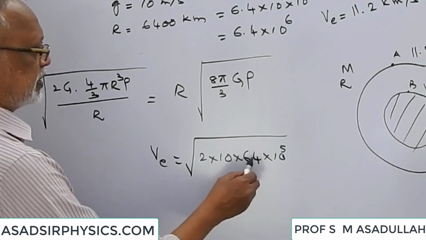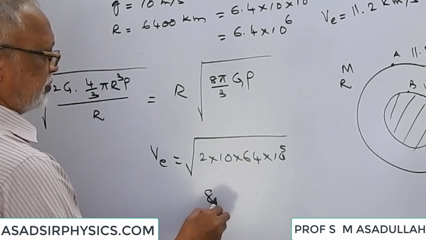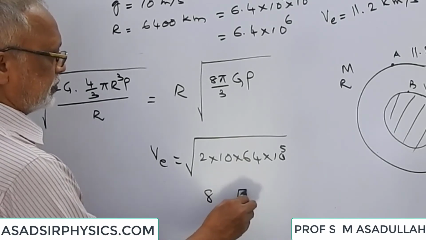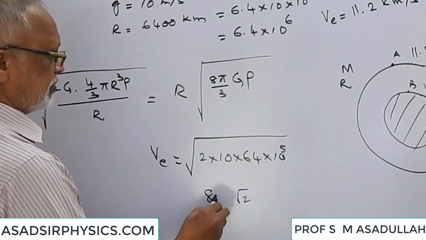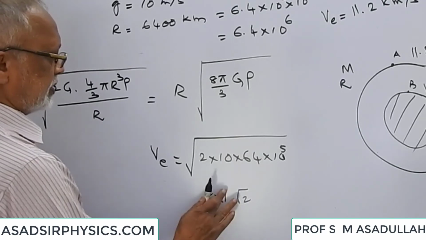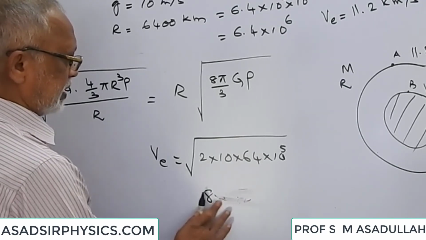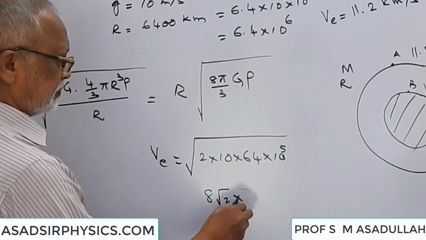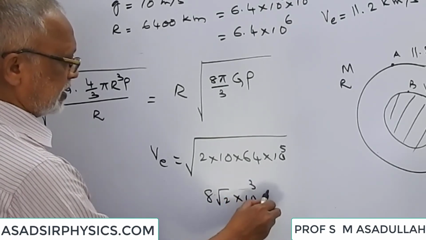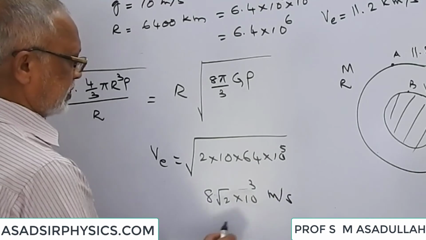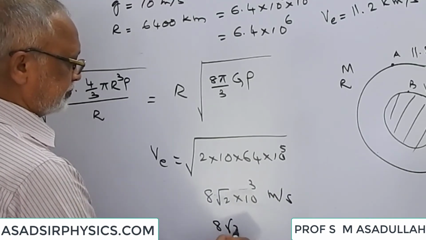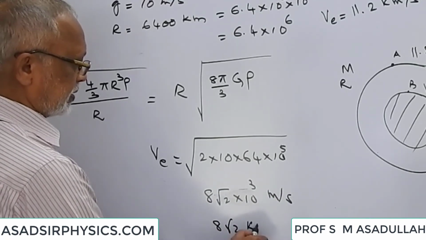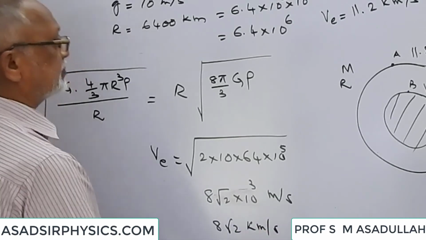So 64 will become 8, 2 will become root 2, 10⁶ will become 10³. So you will have it as 8√2 × 10³ meters per second, or 8√2 kilometers per second.